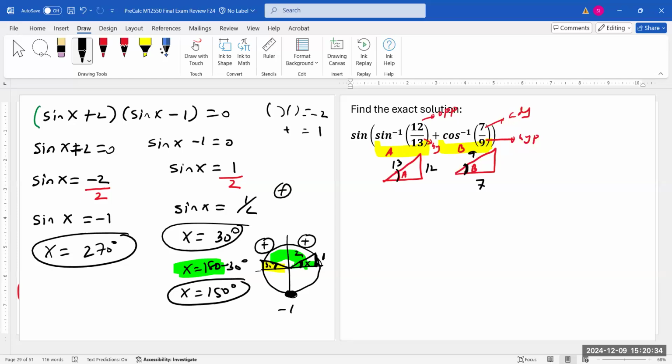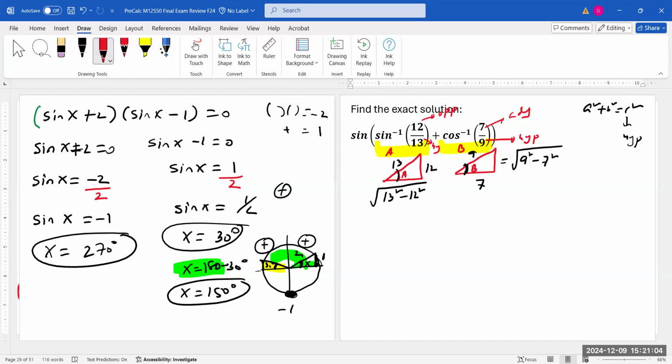So this missing side is the square root of 13 squared minus 12 squared, whatever that is. And this missing side is the square root of 9 squared minus 7 squared. We got them from a squared plus b squared equals c squared. C is the hypotenuse. So whatever that is, I don't have time to calculate that.